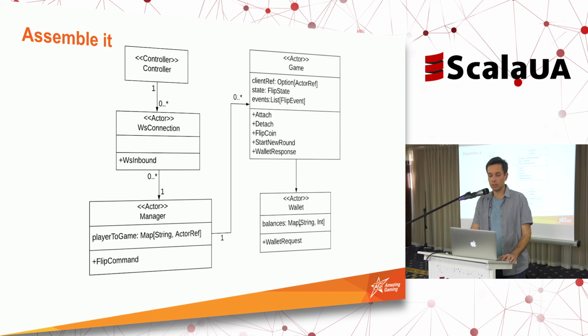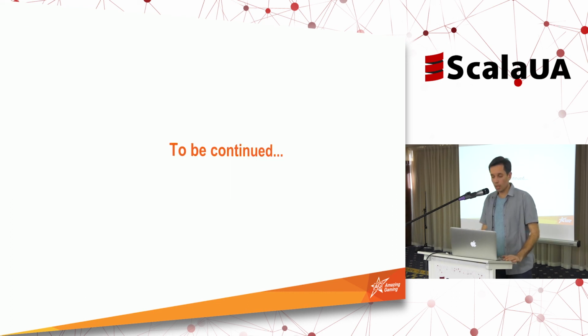And the last part is the wallet actor, which simulates communication to the wallet, which, as you will be able to see in the source code, is just a bare implementation with some simulation of errors.